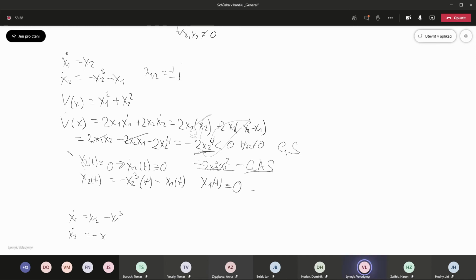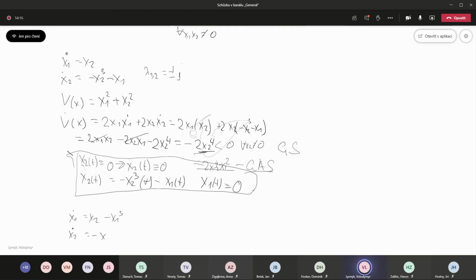Yes, this part is the LaSalle principle. We know from this part that the derivative is minus 2x2, so x2 goes to 0. When x2 equals 0, then x2 dot equals 0, and from this second equation, x2 dot equals minus x2 cubed minus x1, equal to 0.